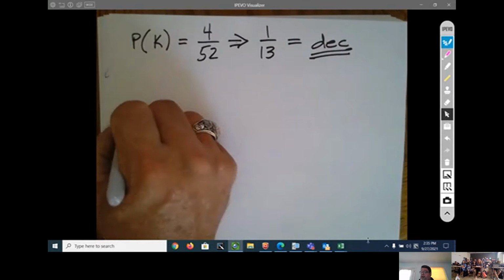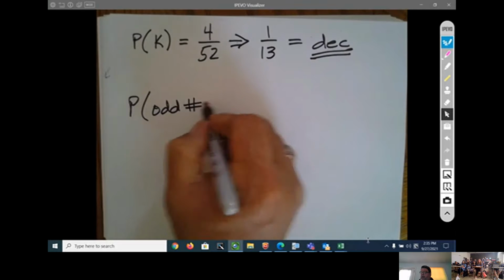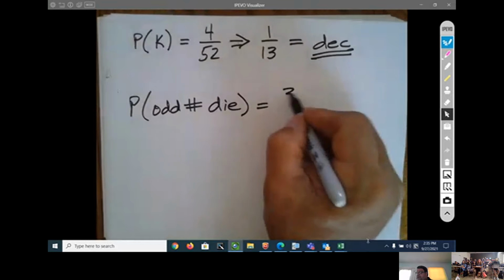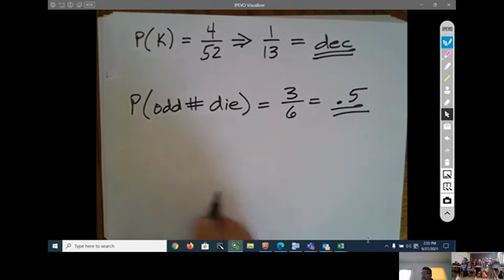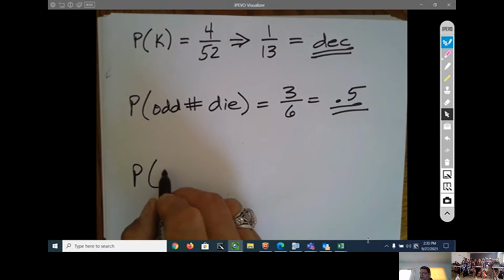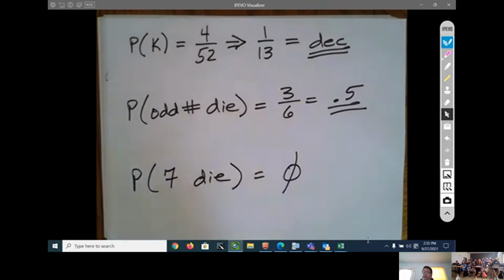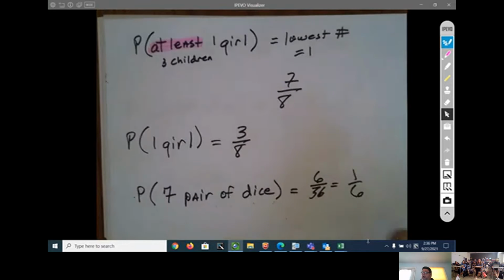What is the probability of an odd number on a die being rolled? 3 out of 6, so 1/2, which is equal to 0.5. And what is the probability of a 7 on a die being rolled? 0. So you've got your individual probability, and then you've got your group probability, or your sample space probability.